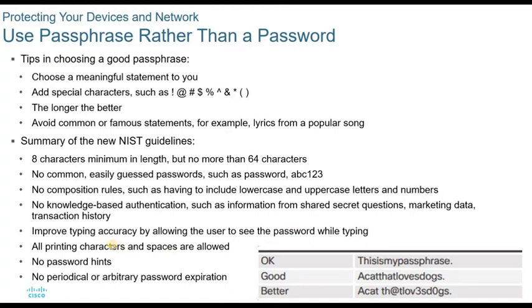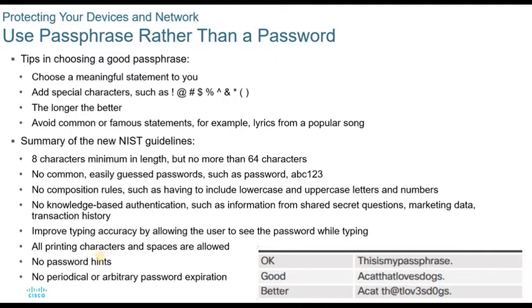Improve typing accuracy by allowing the user to see the password while typing. All printing characters and spaces are allowed. No password hints. You don't do password hints. I think Windows removed this on one of its features, Windows 10, not sure.